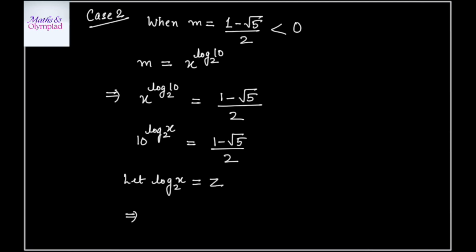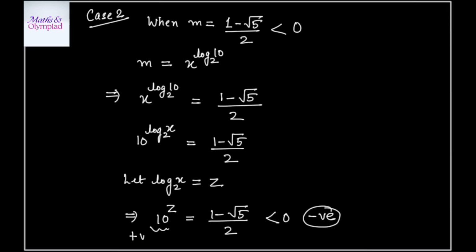So this implies 10 raised to the power z equal to 1 minus root 5 over 2. As we know that the right hand side is negative, which is less than 0, and the left hand side will remain positive for any value of z here. So we have a contradiction here. Therefore this root is rejected.